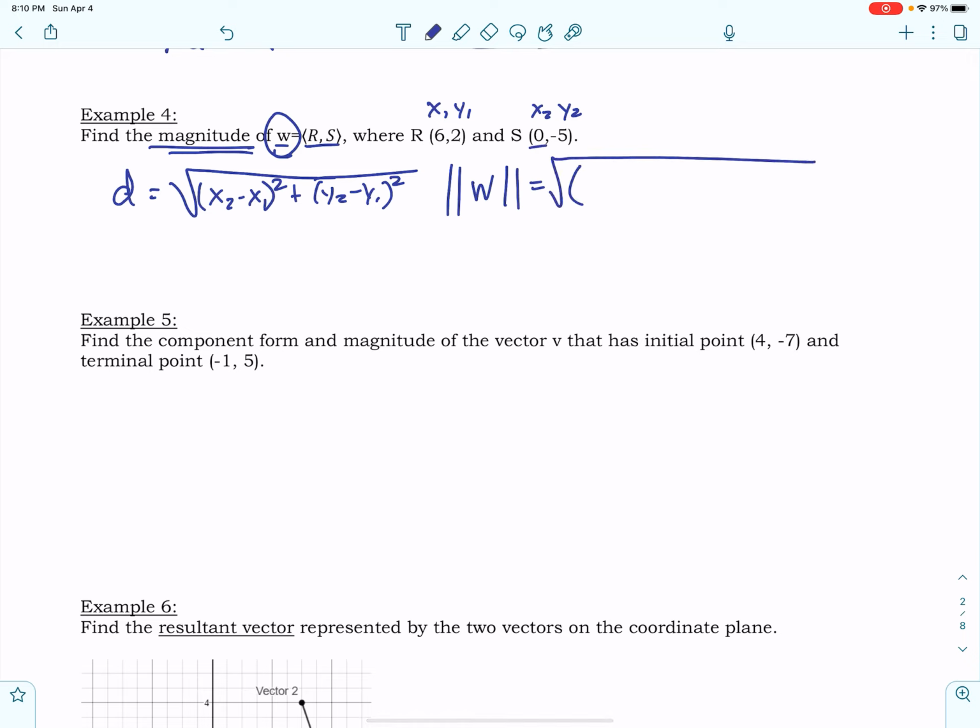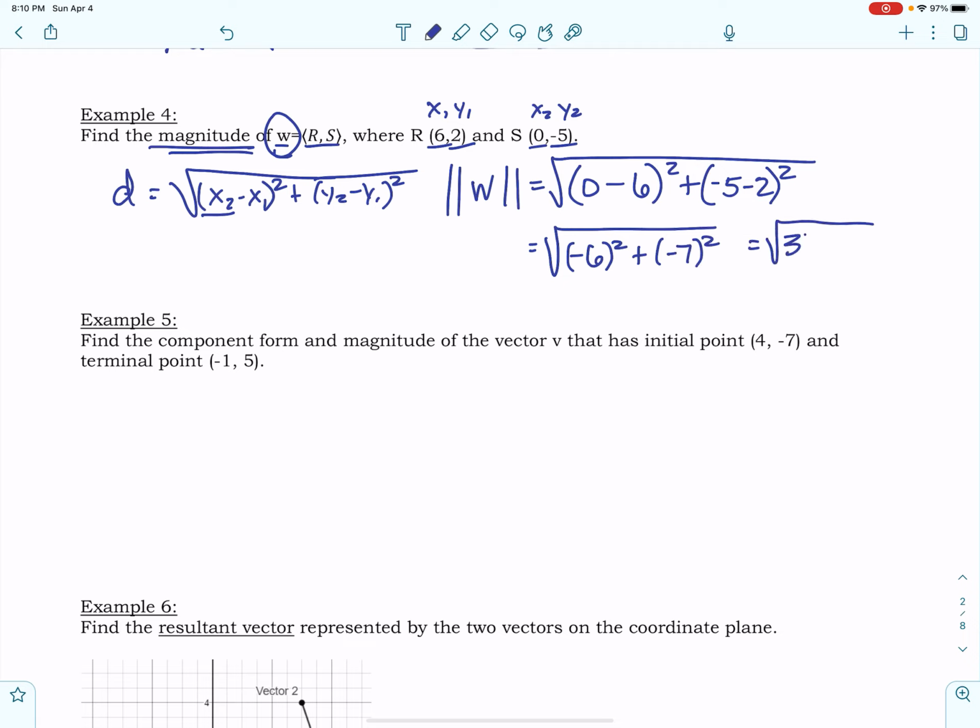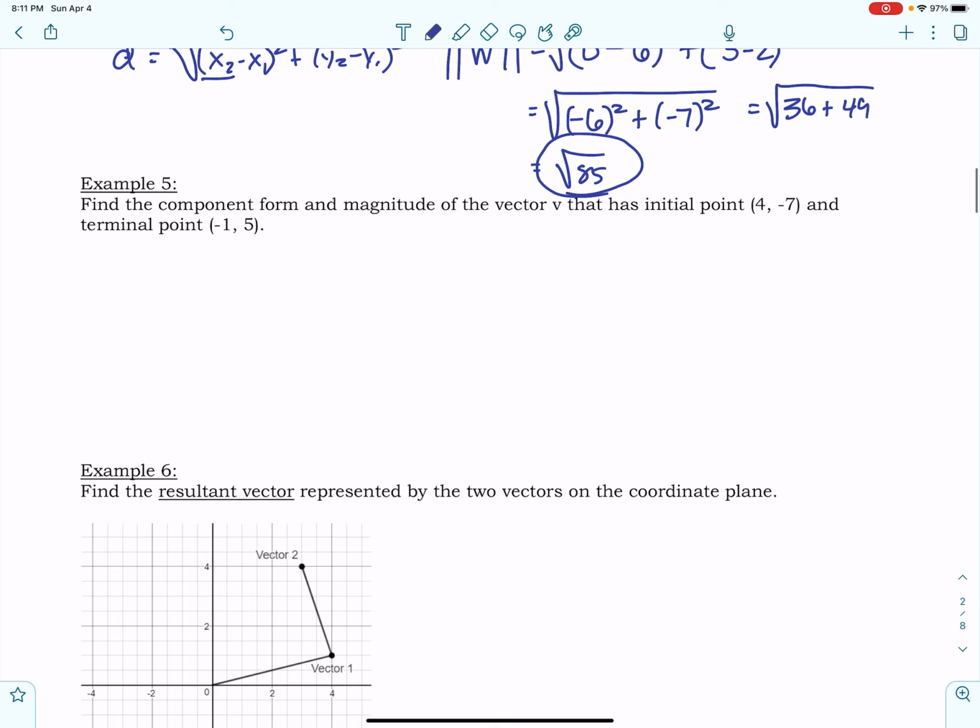And I'm going to take x2, 0, minus x1, and y2 minus y1. And this gives me negative 6 squared plus negative 7 squared, which gives me 36 plus 49. So the magnitude of vector W is the square root of 85. And you can leave it that way or find a decimal, whichever is fine with me.